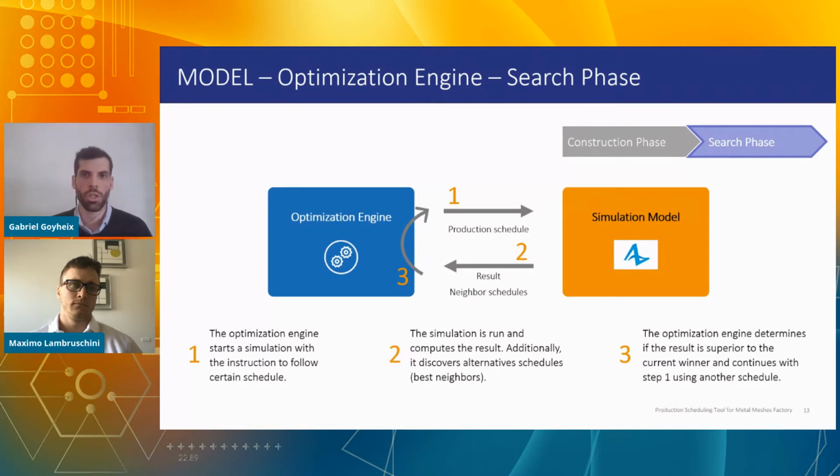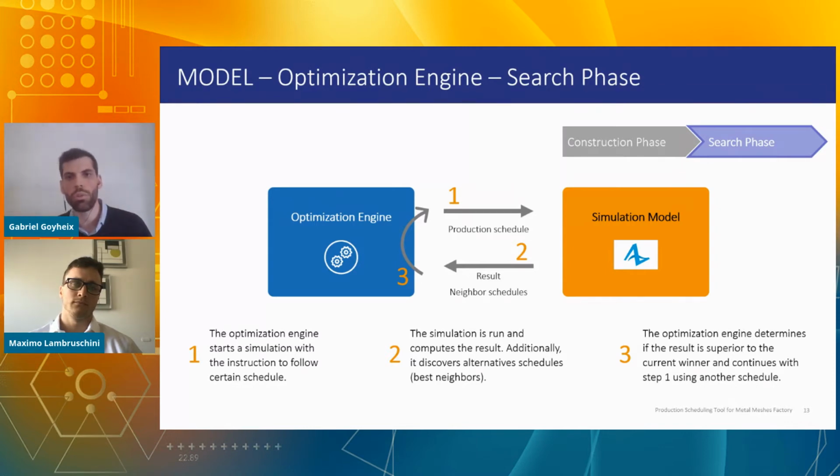This optimization engine adds simulations to an execution queue, and each of these simulations has the instruction to follow a certain schedule. So when a new thread frees up, it picks one of the pending simulations and runs it until the end to compute its result.